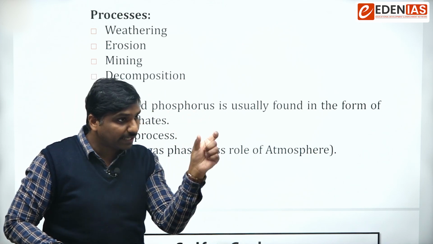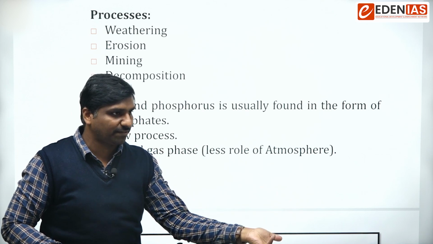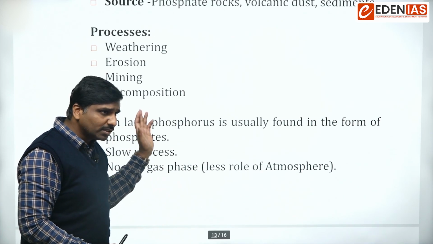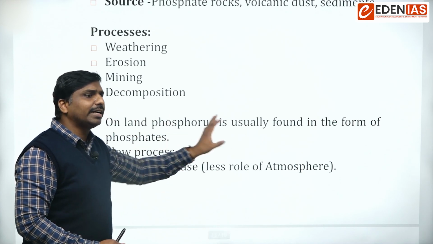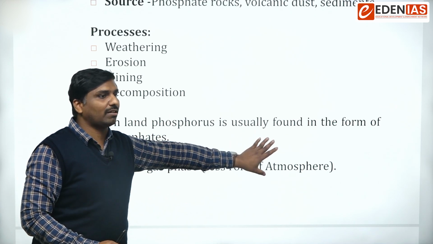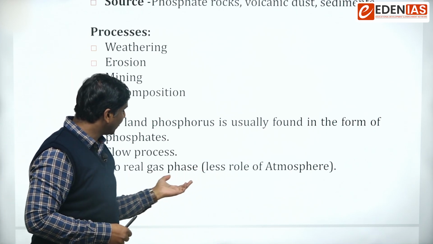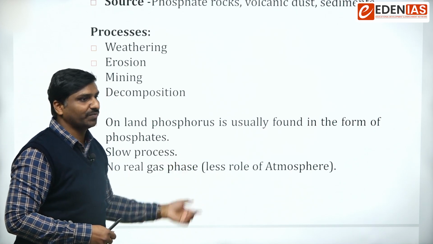It cannot be circulated through the atmosphere. It can be circulated either through the water, or through the soil or rocks. That's what we mention as no real gas phase.